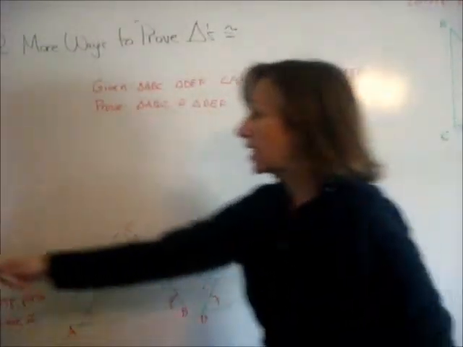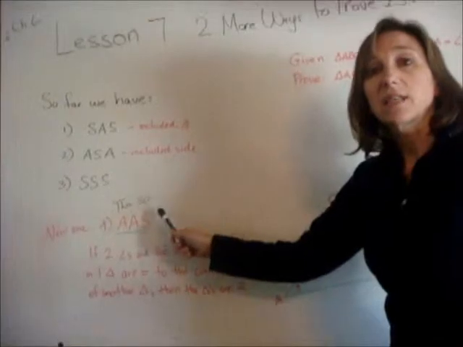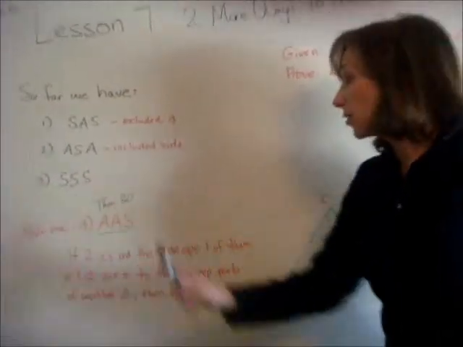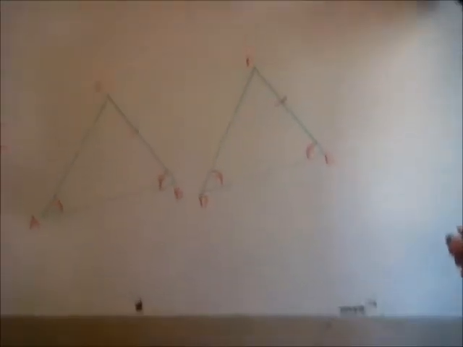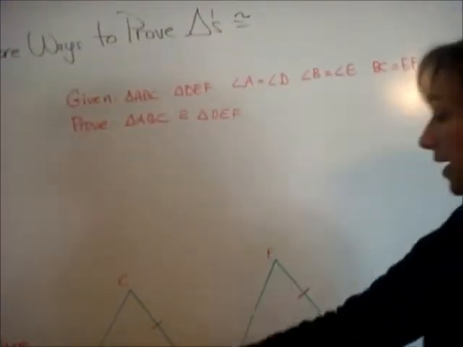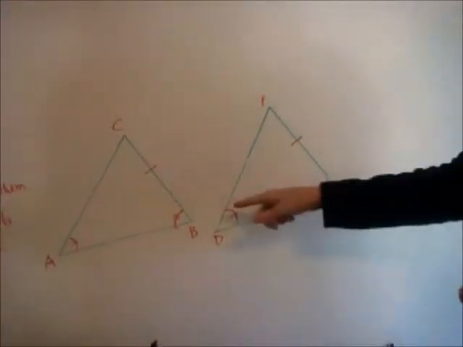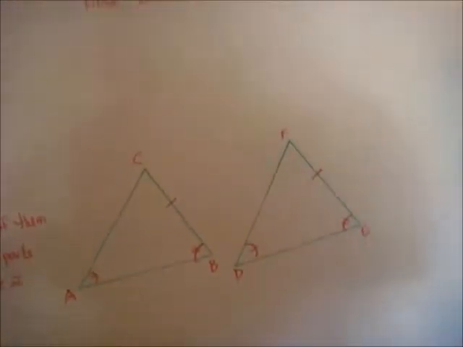You'll notice that it doesn't say ASA because the side's not included in between the angles. So it's angle, angle, side in that order. It could have been this side equal to this side. So we have this side equal to this side. That's what we're given. Our job is to prove that triangle ABC is congruent to triangle DEF.